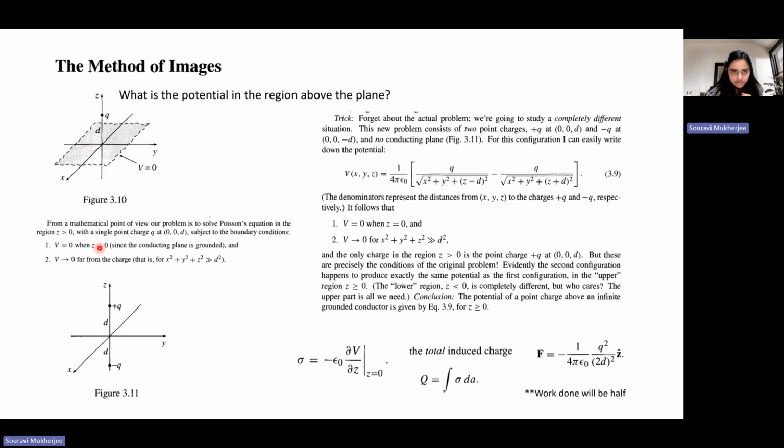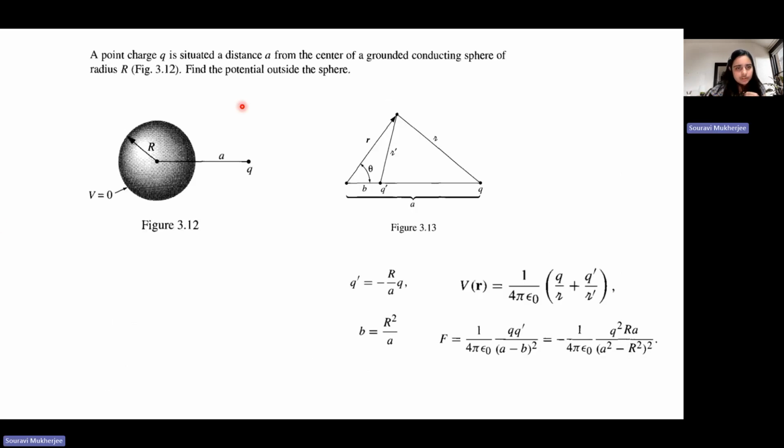Okay. So in this way, you can use the method of images to simplify your estimations of field and potentials. So this is a very standard question where for a sphere you have a point charge q situated at some fixed distance from the center of a grounded sphere. So you know that the potential on the surface of the sphere is zero. Now what is the potential outside the sphere?